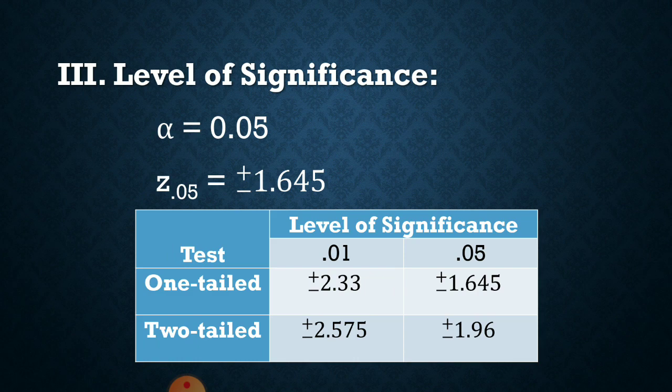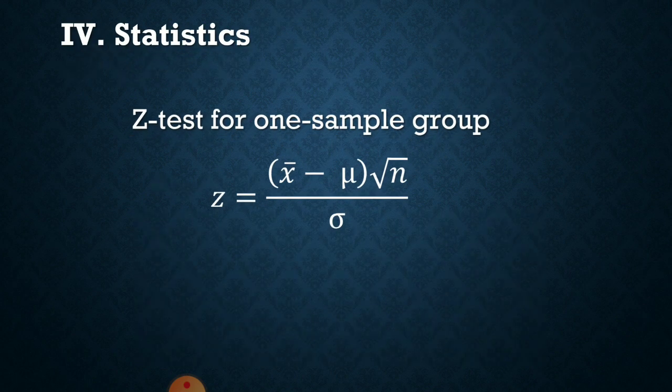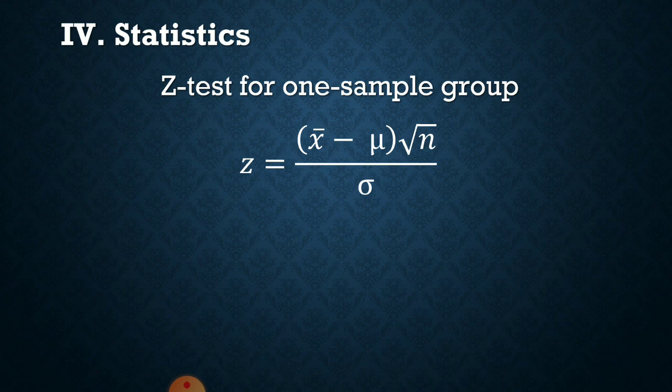Then it's now time for us to solve using the z-test for one sample group. But before that, let us first identify the quantities. For the sample mean, that is 25,560.